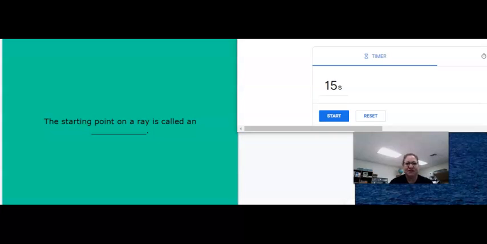Next question. The starting point on a ray is called an what? Here's your hint. It's the opposite of start.